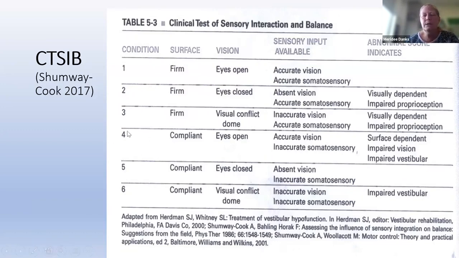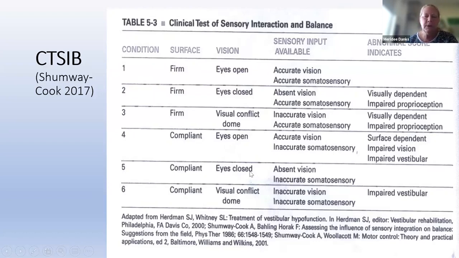So it gets a little bit more challenging. When we get to condition 4, they stand on foam. They stand on foam with their eyes open, their eyes closed, and then with that dome on. So when they're standing on foam, you take away any accuracy of the somatosensory system. And so for 4, 5, and 6, the person needs to use more of their vestibular system.